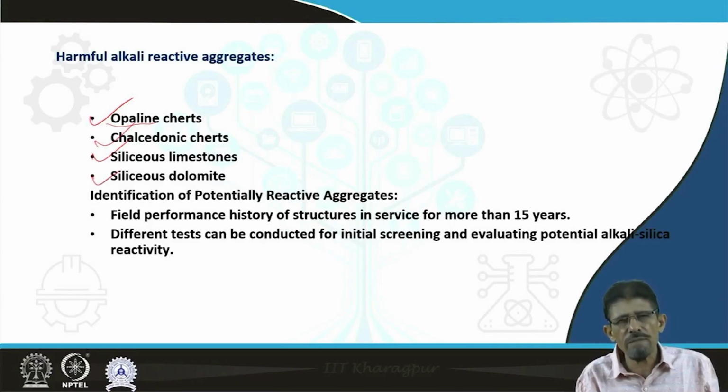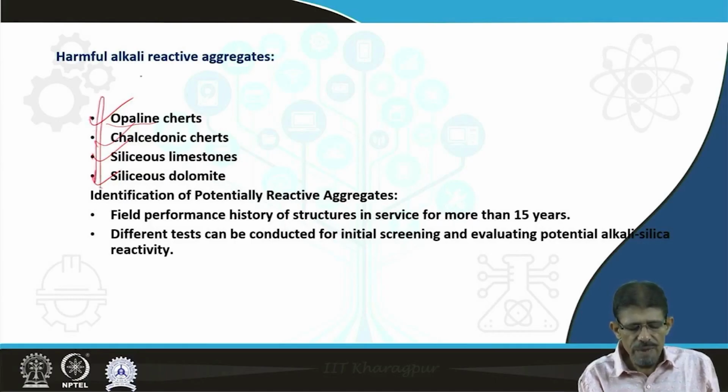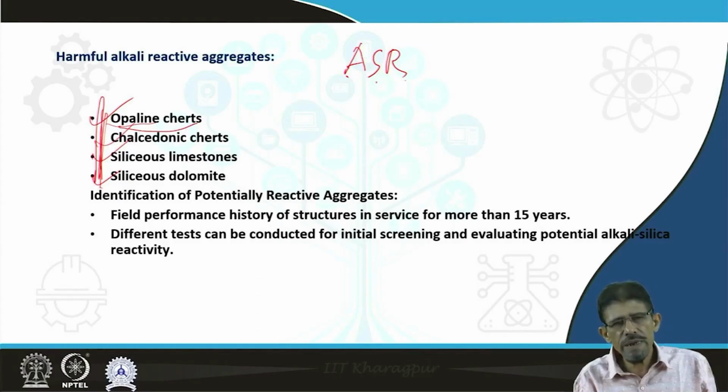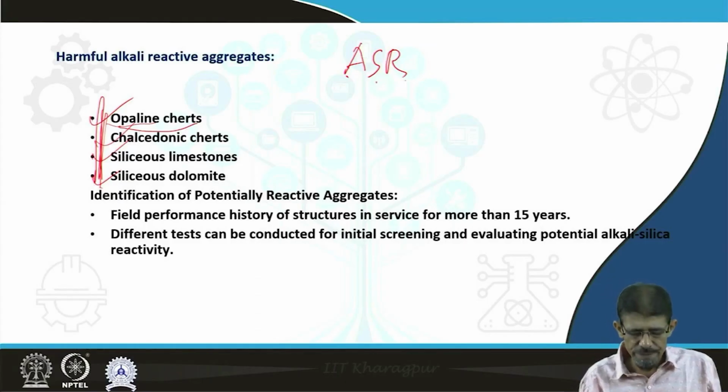These are particularly for the alkali silica reaction, in short ASR. If we are using aggregate belonging to opaline chert, chalcedony chert, siliceous limestone or siliceous dolomite, then it is problematic.